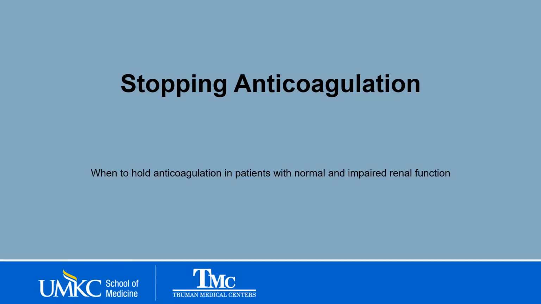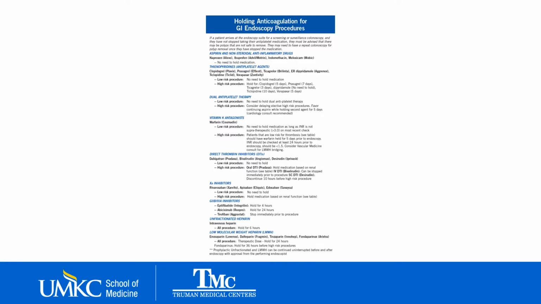Stopping anticoagulation. Now that you know what type of procedure will be done, the bleeding risk level, and the type of anticoagulation, it is time to determine whether anticoagulation needs to be paused, and if so, for how long.